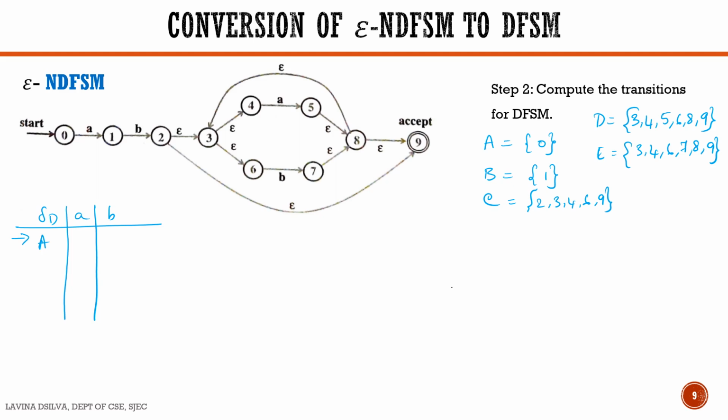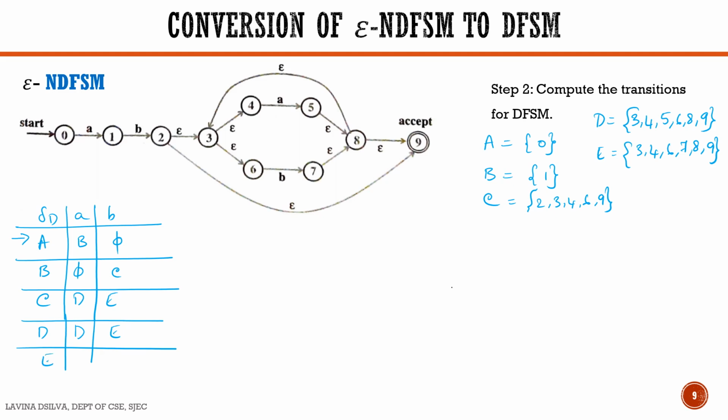And we knew on an input A, we went to state B and there was no transition defined for B. Then taking state B, we went to state 5 on A and C on B. Then consider state C. Now you can see that state C had gone to D and E. Then we had state D. D also went to D and E. And we had state E. E also had a transition to D and E.